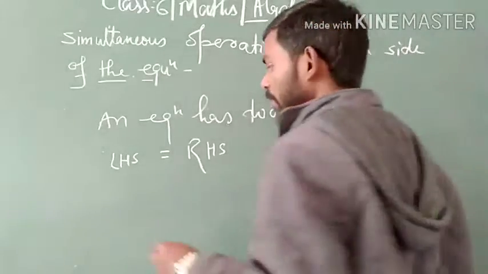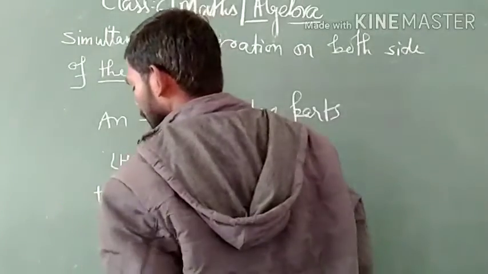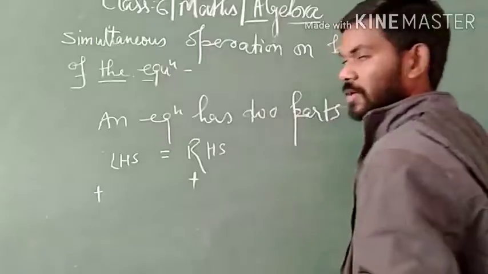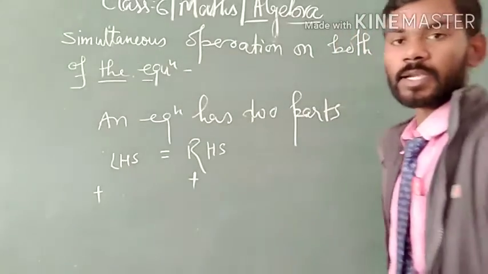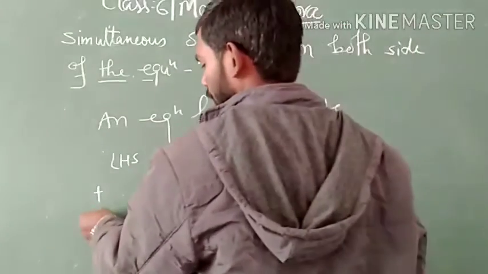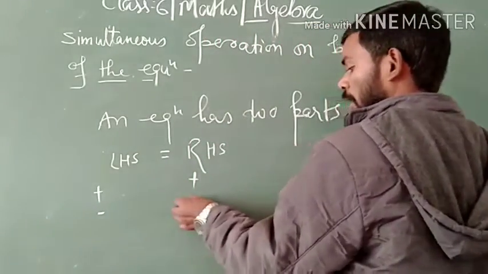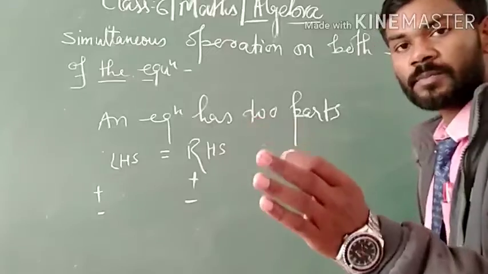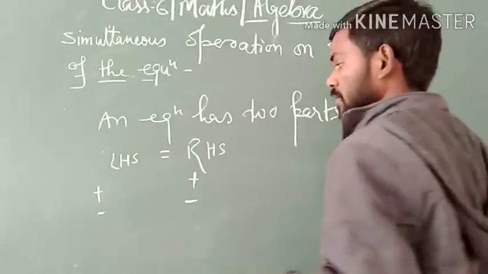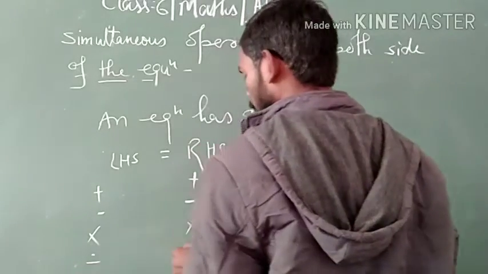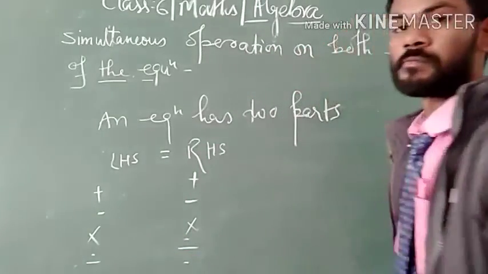If we add any number on the left hand side, then we must add the same number on the right hand side. If we subtract any number on the left hand side, then we have to subtract the same number on the right hand side. Similarly, we shall multiply and divide on both sides.